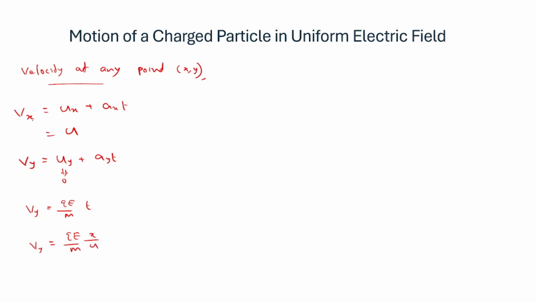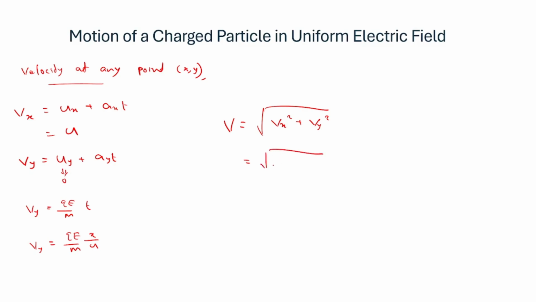So once we obtain the velocity in x direction and velocity in y direction, we can find the velocity at any point x comma y, that is v is equal to under root of the vector sum of these two velocities, that is Vx square plus Vy square plus 2 Vx Vy cos theta, but the angle is 90 degree, so that term will be 0.